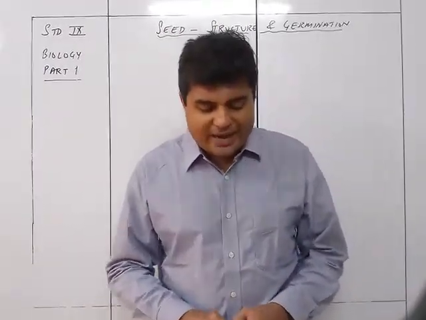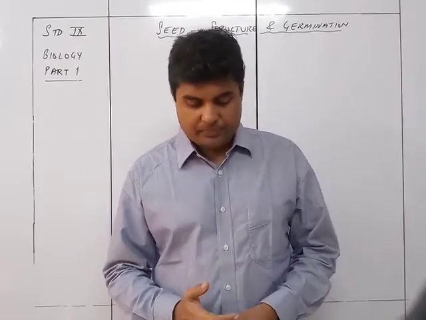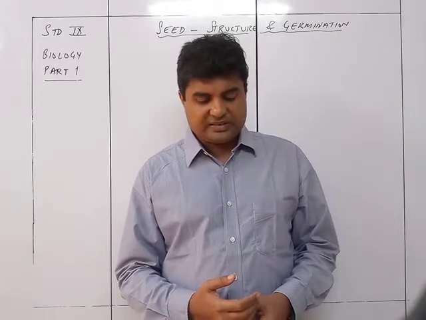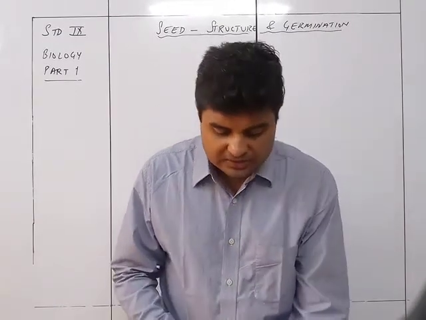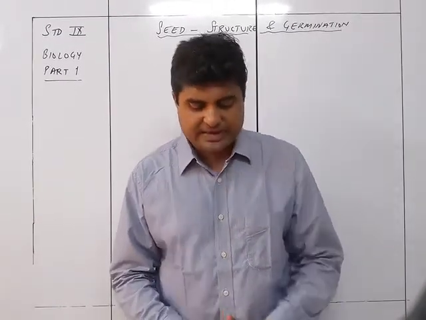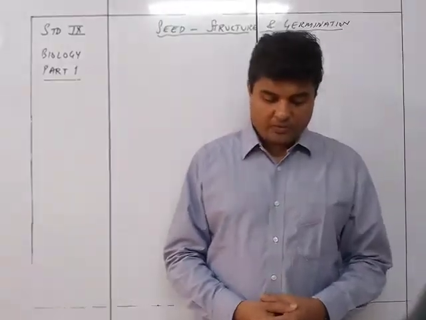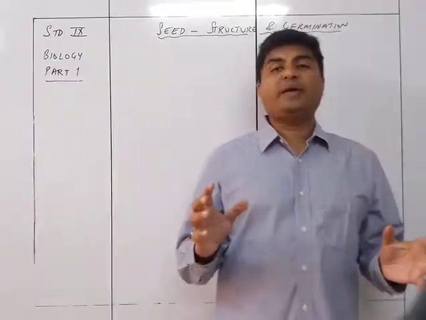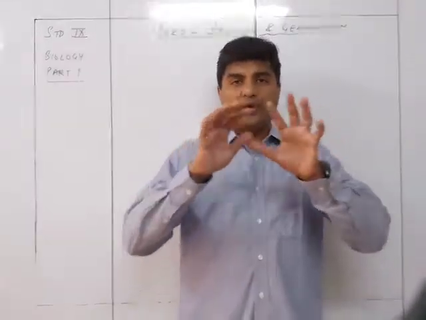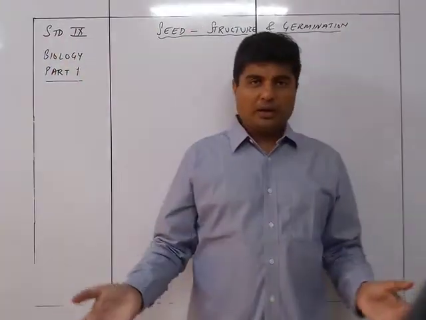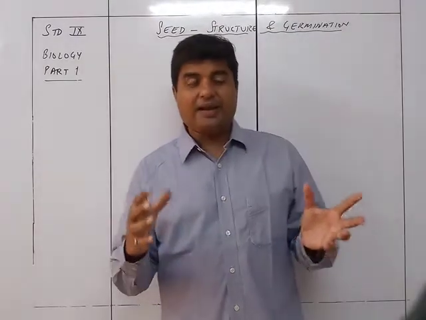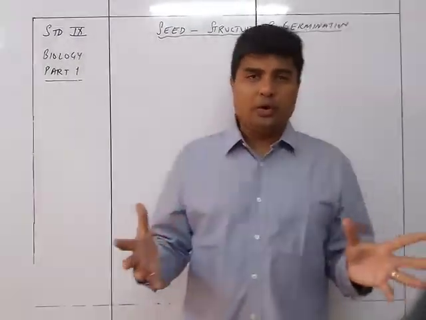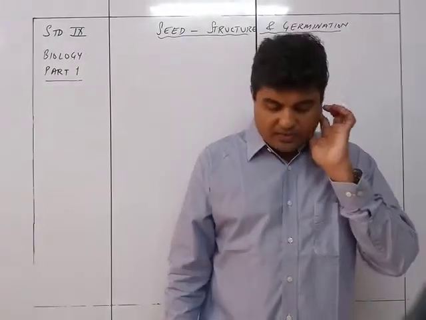A fruit is an enlarged, ripened ovary, the ovarian wall forming the fruit wall which encloses the seeds. The fruit protects the seed and helps in seed dispersal. For example, mango or pea pod. So the fruit is the one in which the ovarian wall is enlarged and ripened to form the fruit wall, and enclosed inside is the seed.